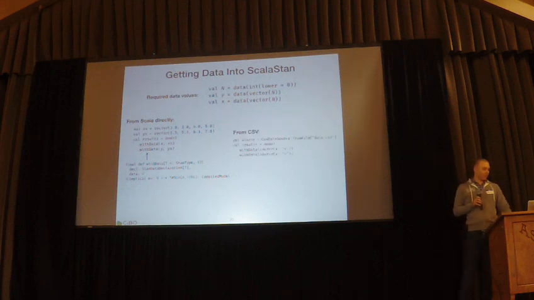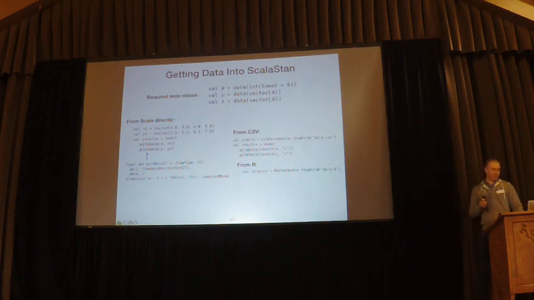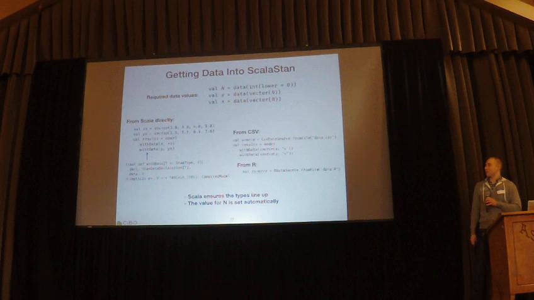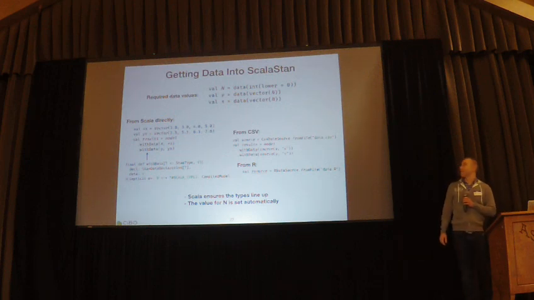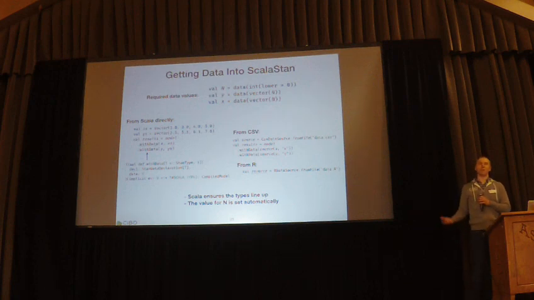There are also convenience methods for CSV and R, so you can do both of those as well. Scala ensures that the types line up, and if you notice n, we never specified it, but Scala knows that it's there, so it sets it automatically for you.